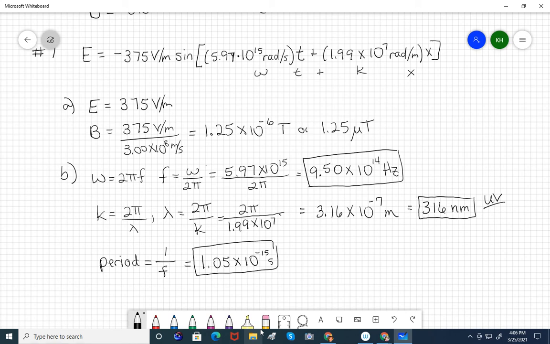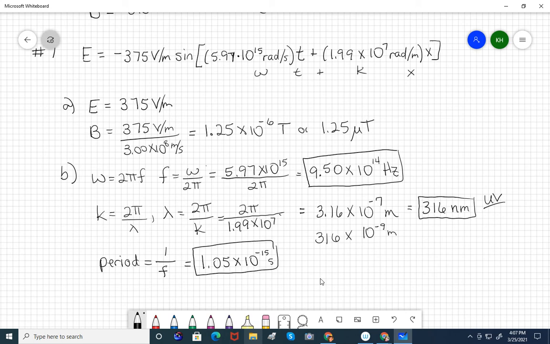How do I know that? If I change this to 10 to the negative 9, that is 100 times smaller, so this has to be 100 times bigger. So it's 316 nanometers. Is this visible to humans? It is not. Humans can only see 400 to 700 or so.